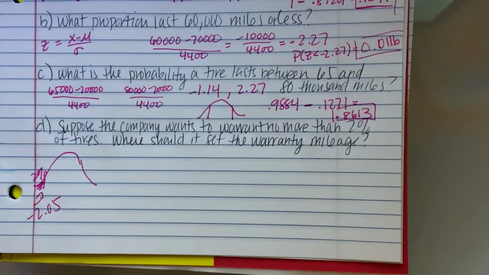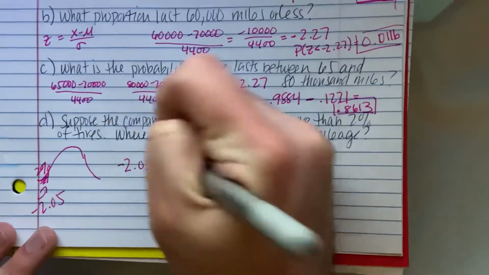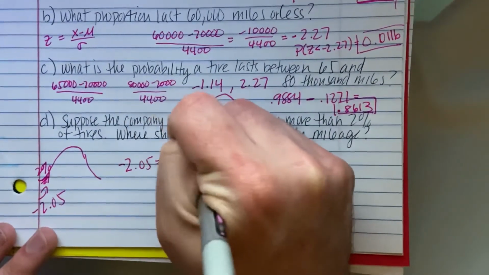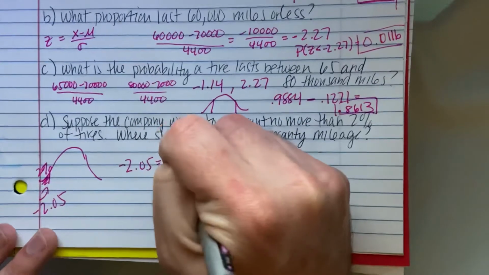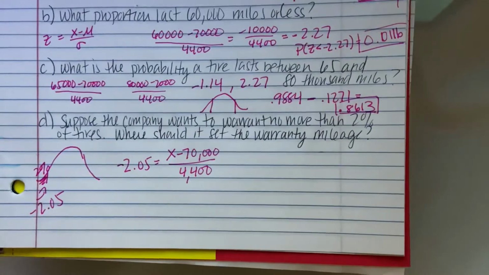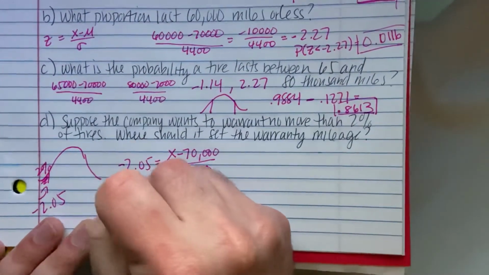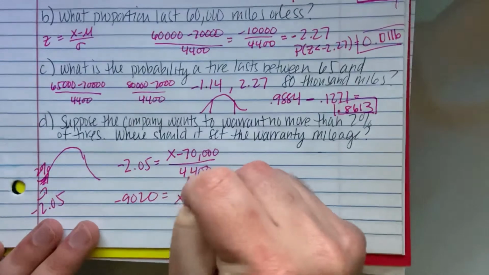Now how do I go backwards from there? I use my same formula. That negative 2.05 is equal to whatever my tire value is minus 70,000 over 4,400. So how do I solve for x? I multiply the 4,400 over. So 2.05 times 4,400 is negative 9,020 equals x minus 70,000.